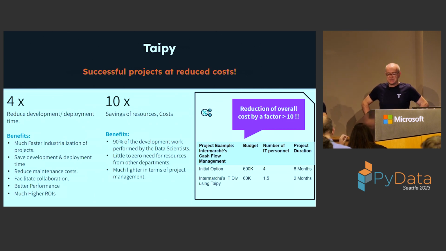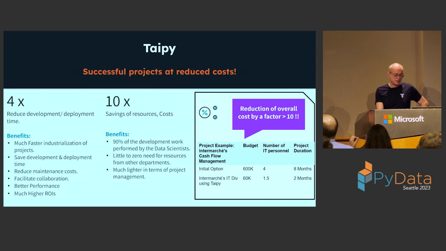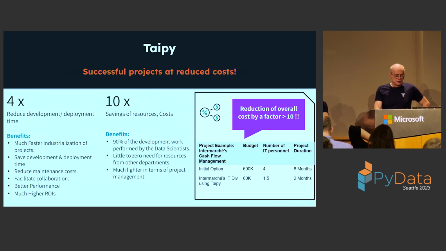The very same thing was developed for 60K, 1.5 person, in 2 months. So basically, cost-wise, it's a factor of 10. That's one of the objectives you want to achieve with this kind of package.